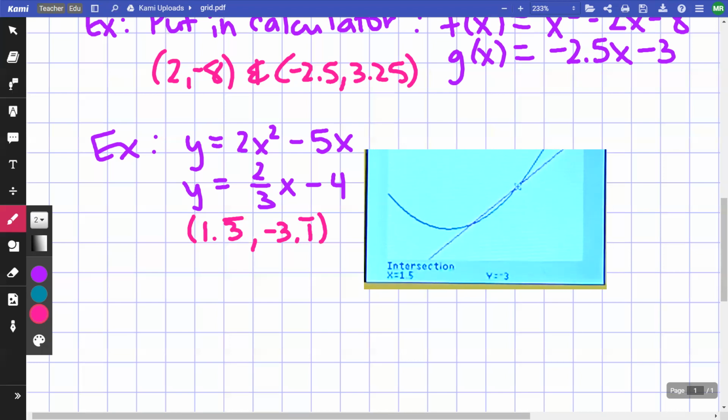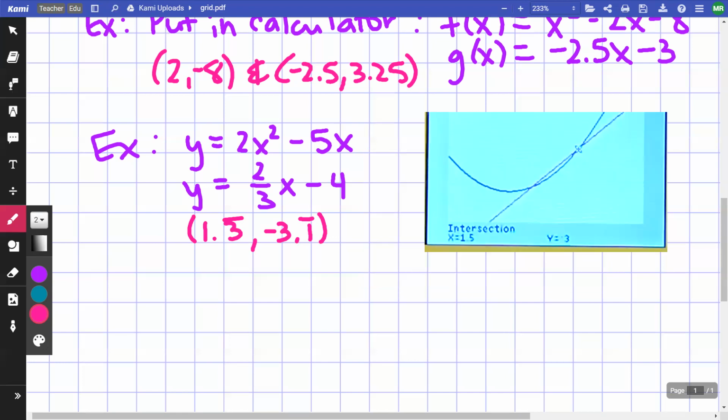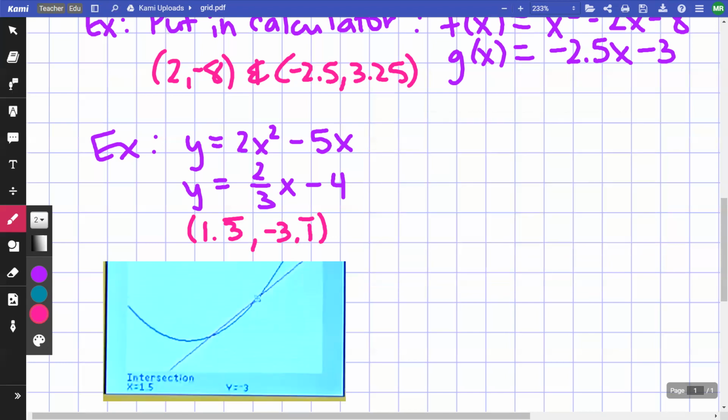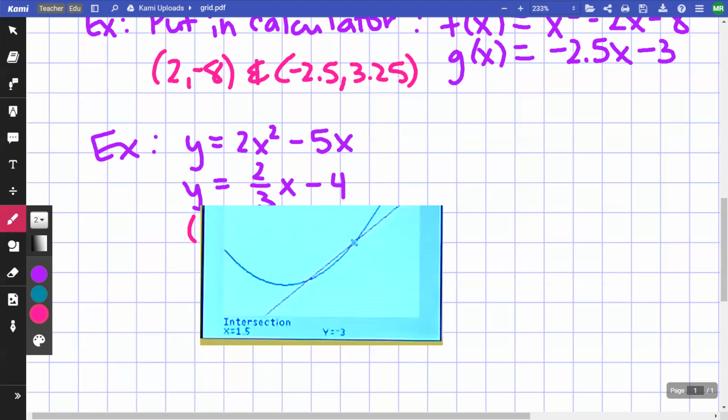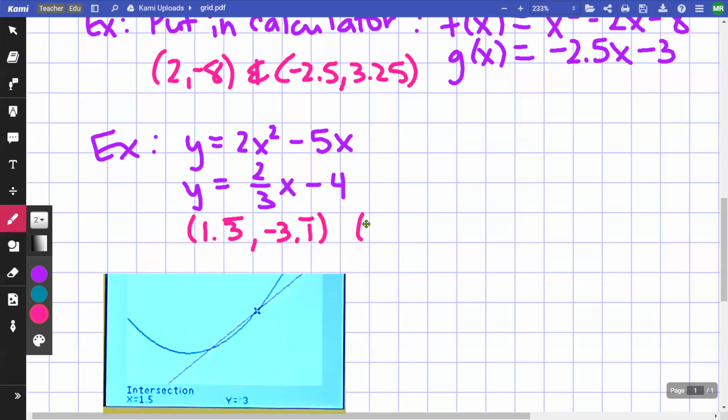And this one's actually more decent. 1.5, comma, negative 3. You see how one was negative 3.1 repeating and the other one, the y was negative 3. It's hard to really see that. They're very, very close on the graph, okay? So let me just jot my other one down. The other one was 1.5, -3, and those are my points of intersection.